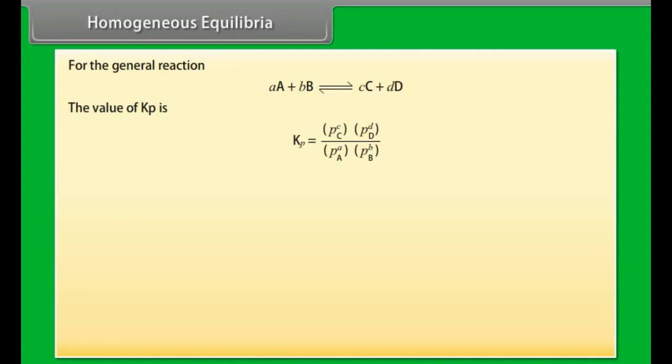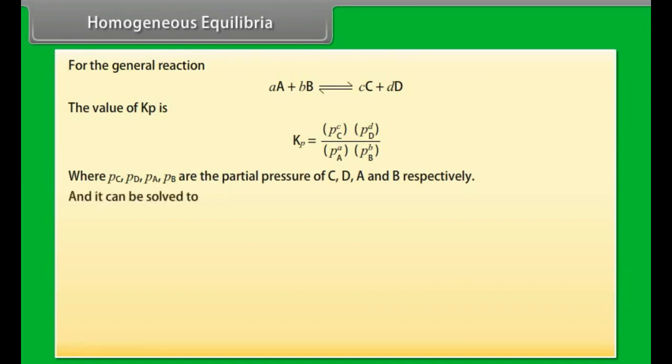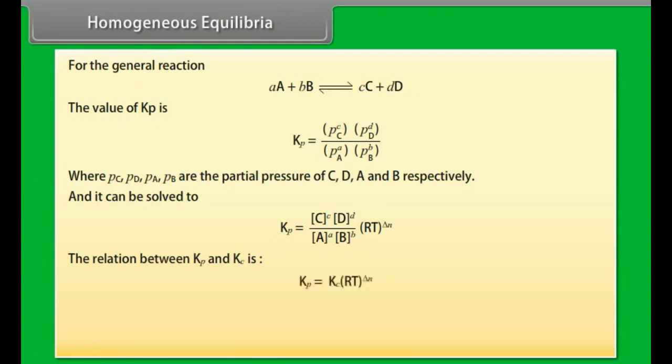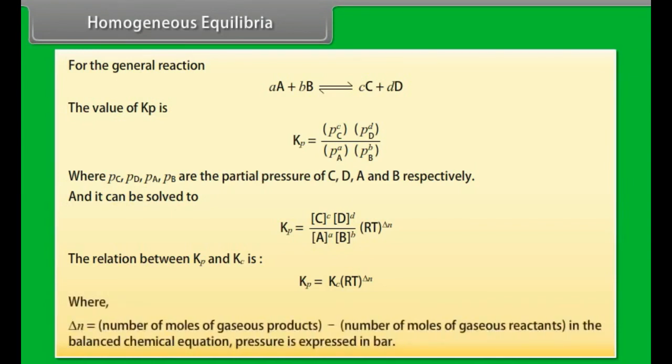For the general reaction, the value of Kp is given as follows, where Pc, Pd, Pa, Pb are the partial pressures of C, D, A and B respectively, and it can be solved to give the relation between Kp and Kc: Kp equals Kc into RT raised to the power delta n, where delta n is equal to the number of moles of gaseous products minus the number of moles of gaseous reactants in the balanced chemical equation. Pressure is expressed in bar.